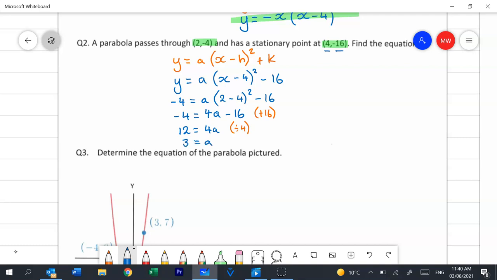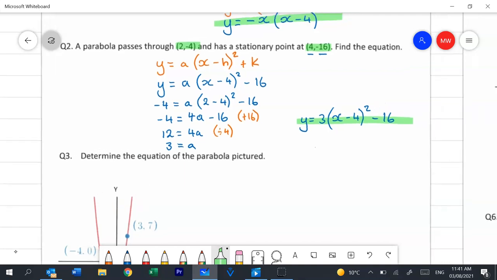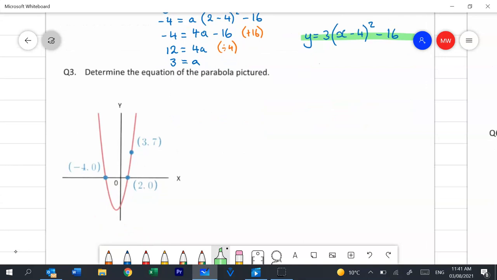And a is 3. Now we just need to write out our equation. So we've got y equals 3 outside of (x minus 4) all squared minus 16. There's no obligation to move it into expanded form. The question doesn't ask you to, so you can leave the equation in turning point form. There's no problem. Alrighty, moving on to question 3.